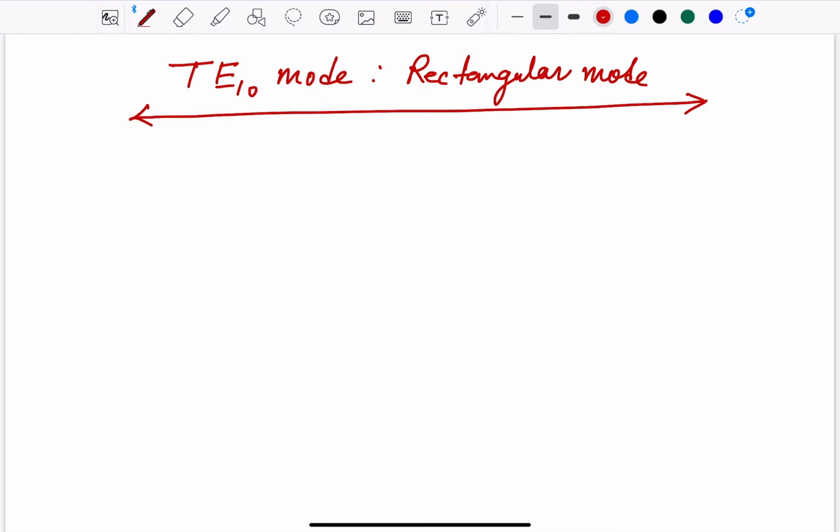One of the convenient things with the TE10 mode is its field component, so easily you can couple the waveguide to get this mode. I will show all the field components, and how to excite and how to recognize whether this is TE10 mode or TE20 mode. We'll be discussing all those things in this class.